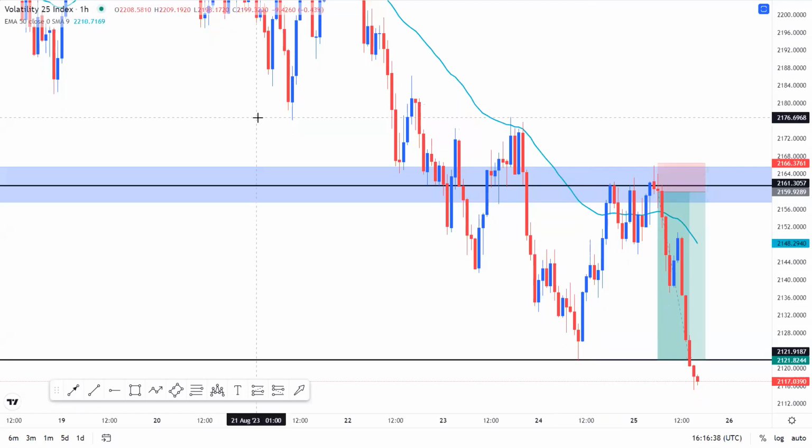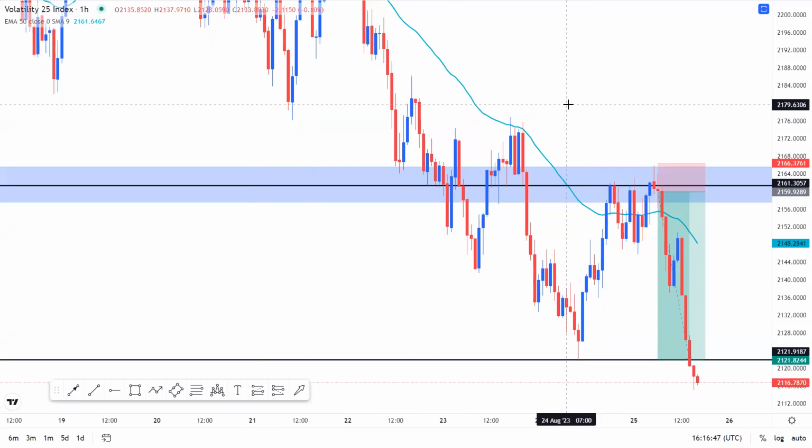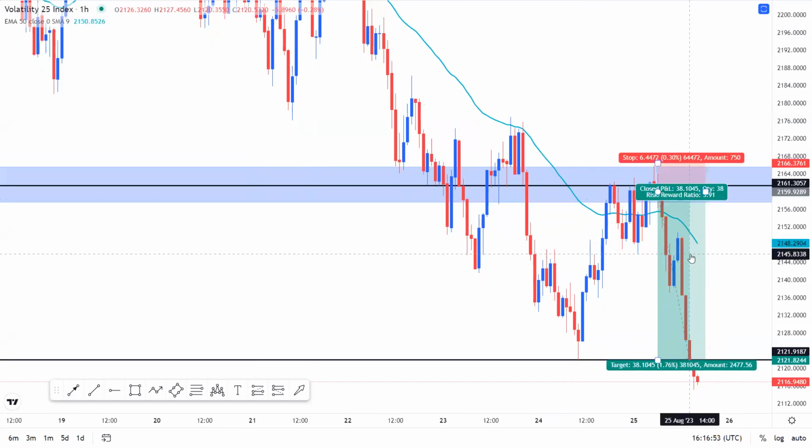Volatility 25 index presented me one of the juiciest trade opportunities today, which I thought to come on here and break down how I got in on the sell trade right here.